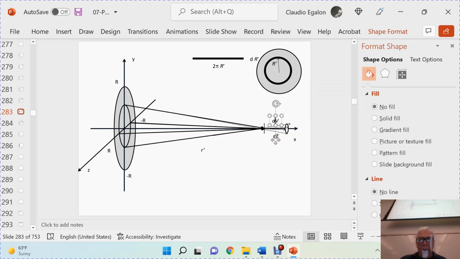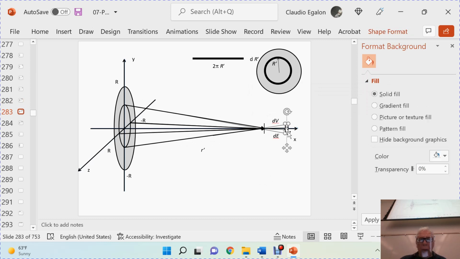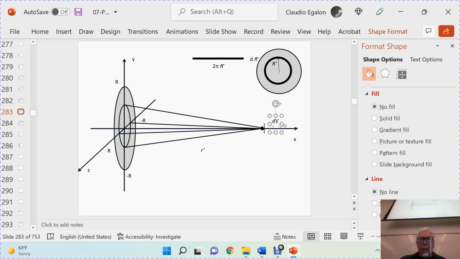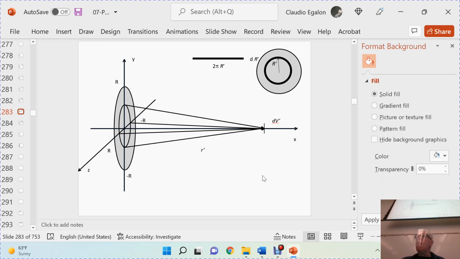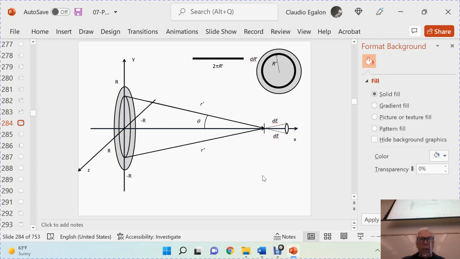So sometimes it's better to solve your problem using the electric potential instead of the electric field. Here we go. This one I will call dV prime because it's a different infinitesimal charge contribution.